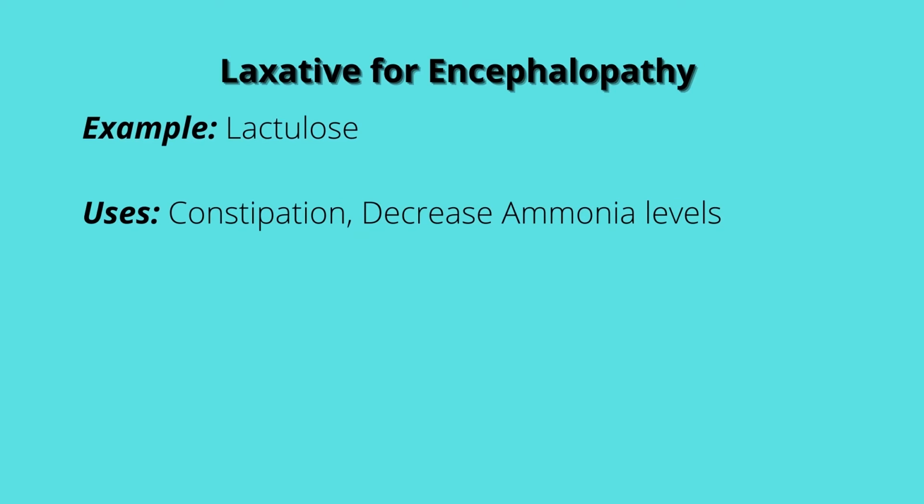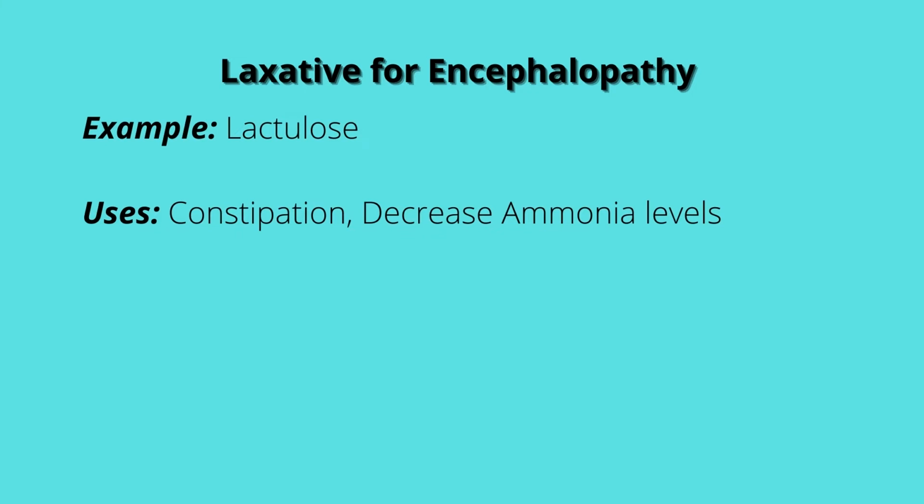So we also have a laxative that is used for hepatic encephalopathy. And when we talk about hepatic encephalopathy, we are talking about ammonia toxicity. So this is lactulose. It is used for constipation, but it's primarily used for hepatic encephalopathy.